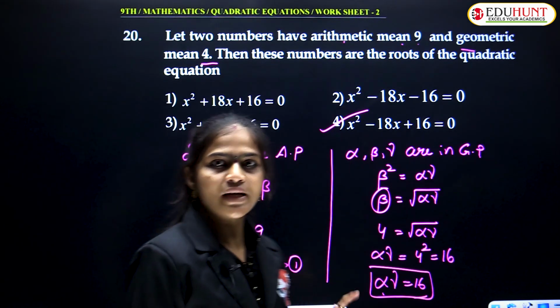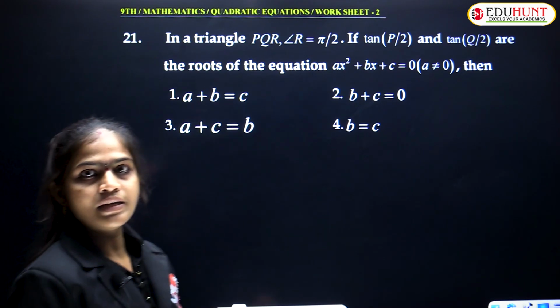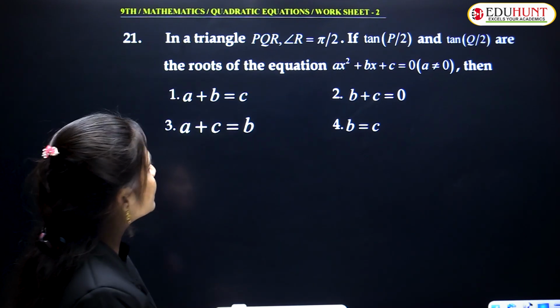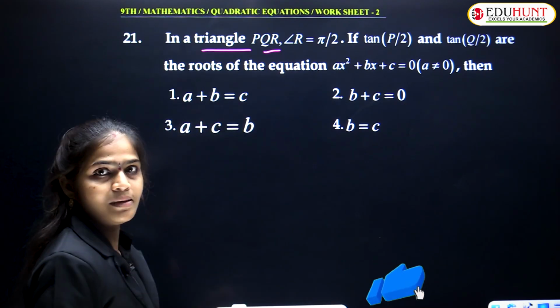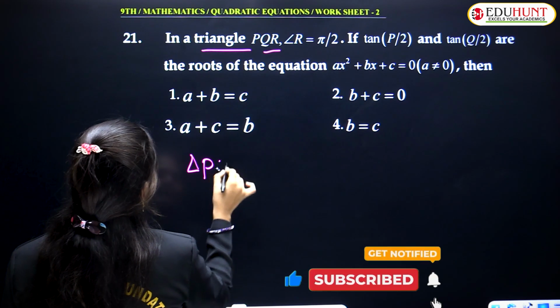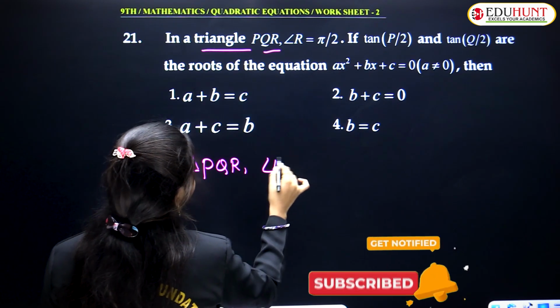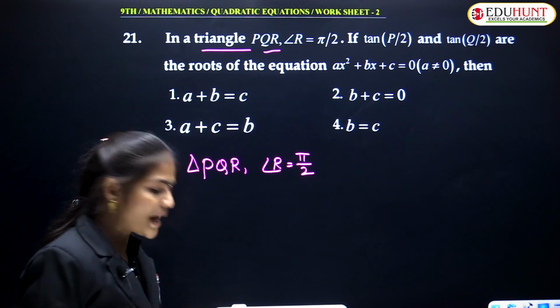Now let us see the 21st question. See here, what conditions are given. In a triangle PQR, they given that angle R is equal to pi by 2.